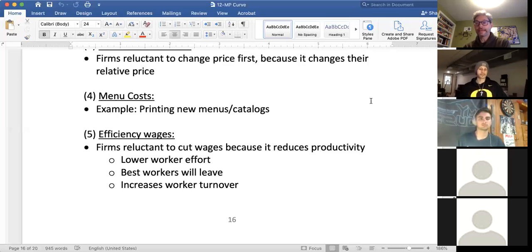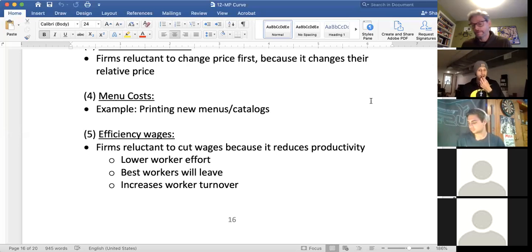Firms actually want to keep wages high because when they keep wages high, they keep productivity high. And if they cut wages too much, they will reduce productivity. And why is that, right? Because we think, well, firms want wages to be as low as possible. But efficiency wages says, no, firms don't want wages to be as low as possible because that's going to impact the productivity of their labor force.